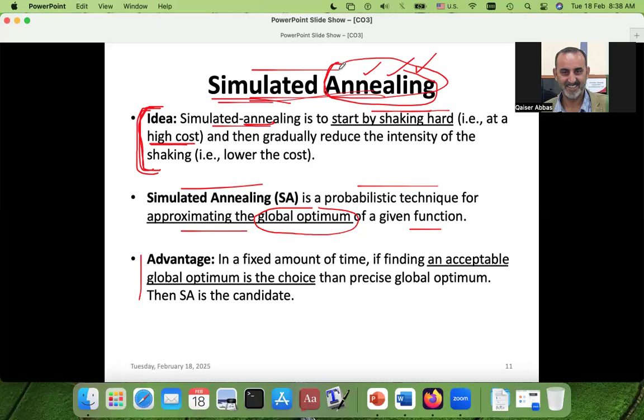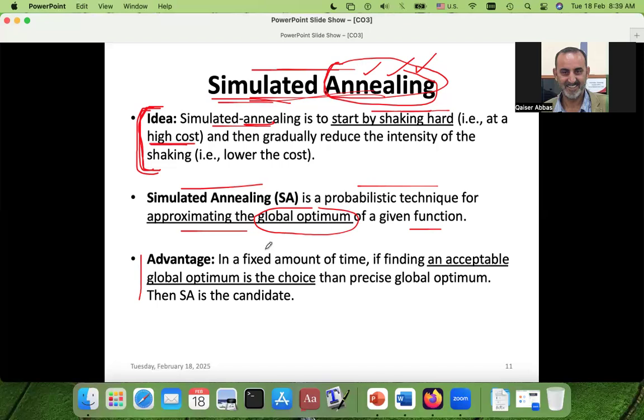In simple words, it will give you the second or third highest answer. It will not give you the highest, optimal answer, but it can give you the second, third, or fourth highest, an answer close to your final answer. So this is the advantage of simulated annealing.